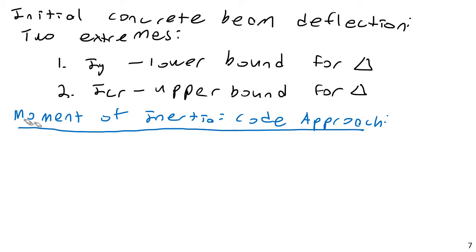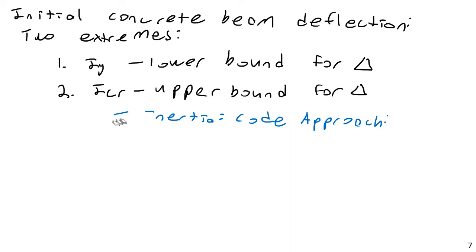And actually I might do this on the next slide so I can write all these things out. I want to put all this in one slide so it's all nice and together. It is going to be a sort of interpolation, or maybe not a direct interpolation, but it is a combination of these two. So, moment of inertia code approach.